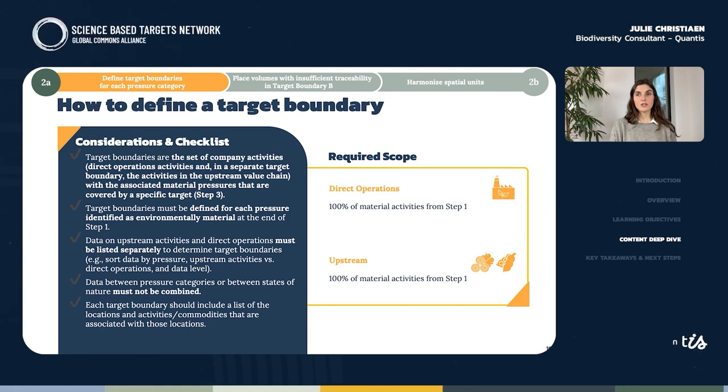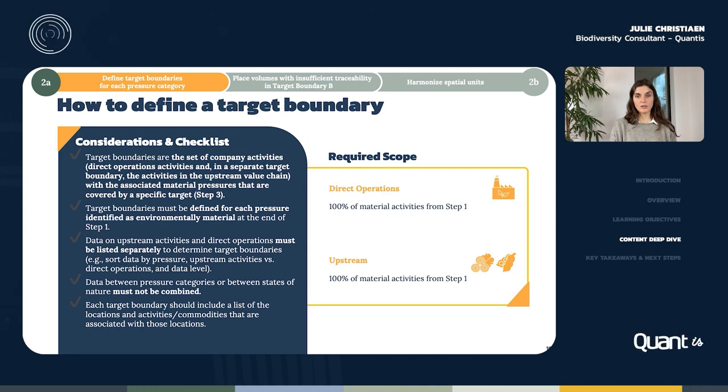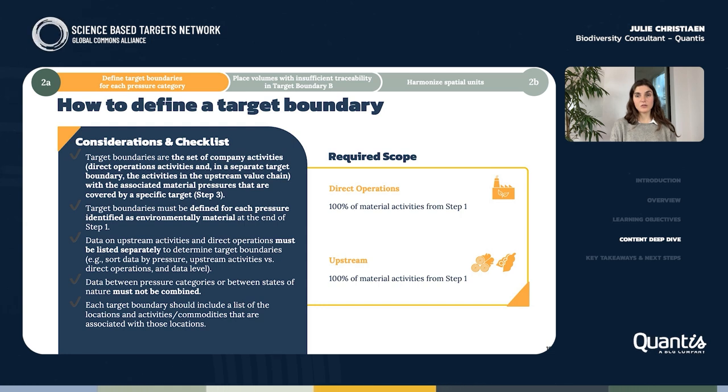There is no reduction in the scope of activities covered between the value chain assessment in Step 1B and the target boundary definition. Companies must also not combine data between pressure categories or between state of natures, as the units, values, and spatial temporal resolutions may not be compatible.